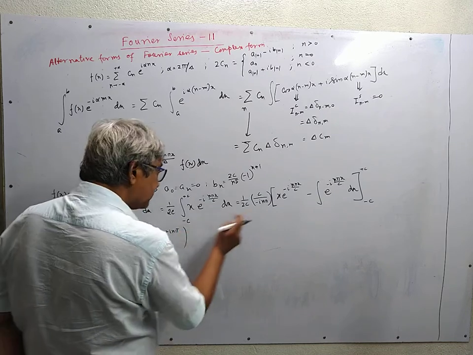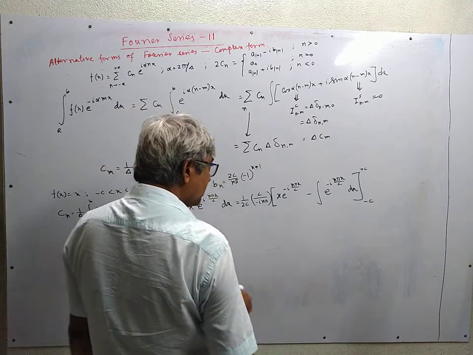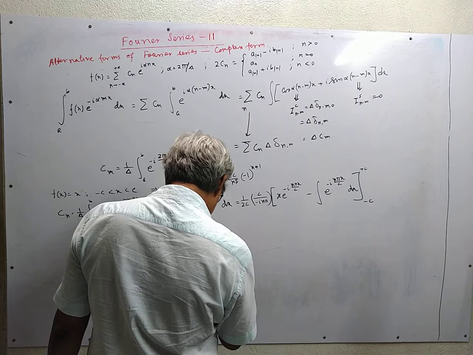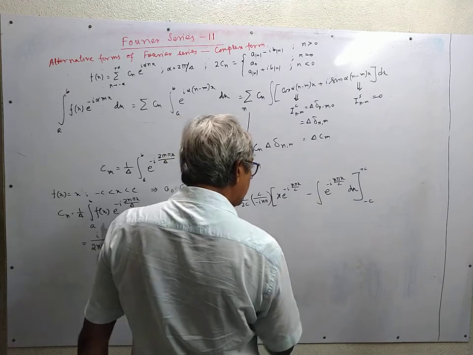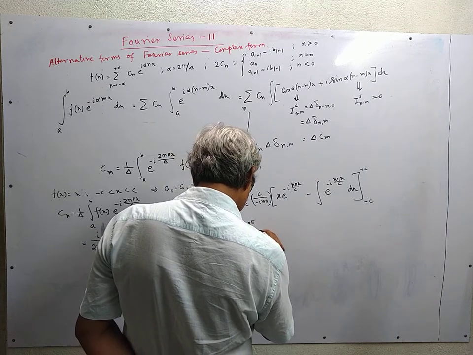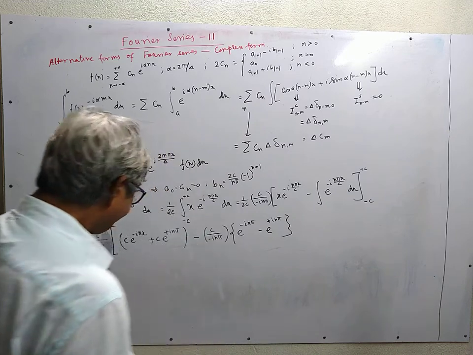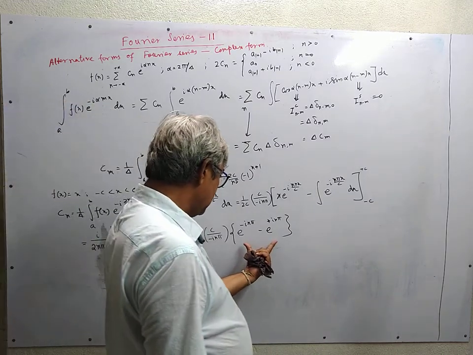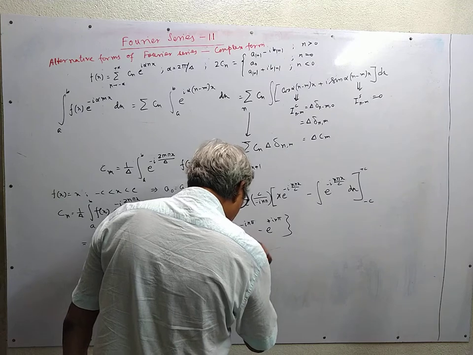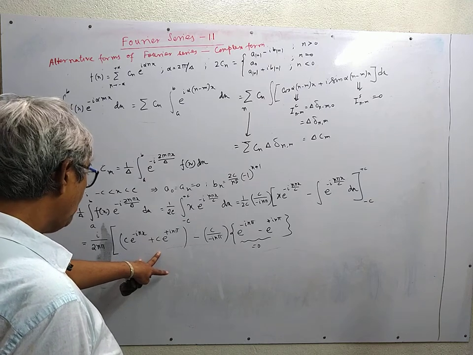This is the contribution of the first term, and in the second term you see that this is sine n pi and it is 0, and this much is 2c.